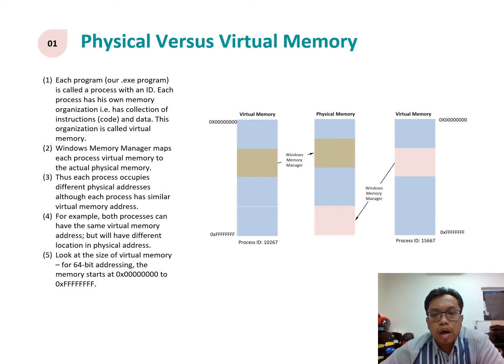So how does the operating system organize this? It is organized in certain ways, from the range of 000 until FFF, depending on the bit of your operating system. This is for 64-bit.